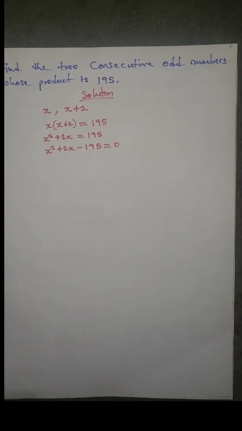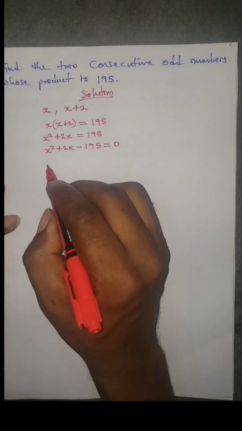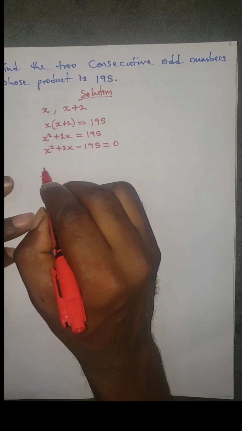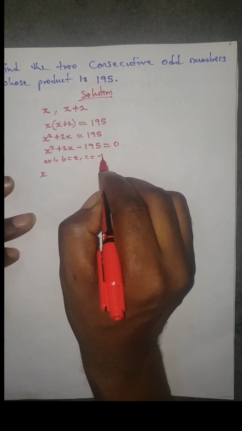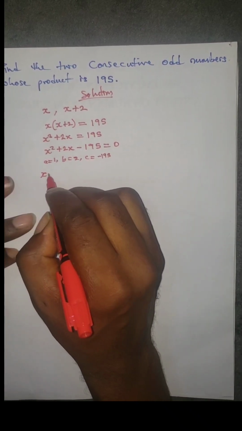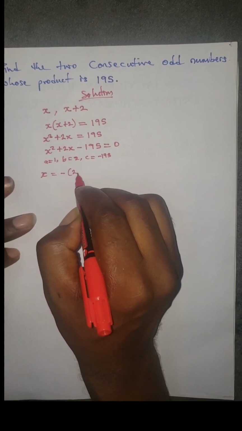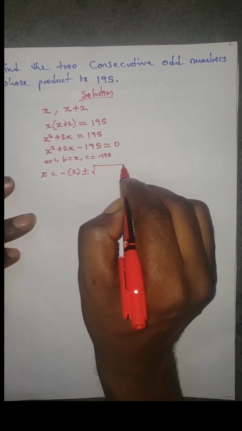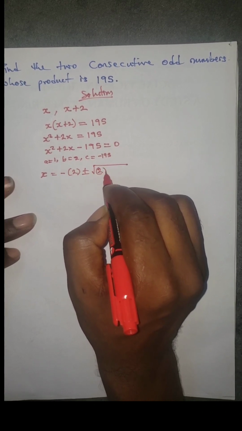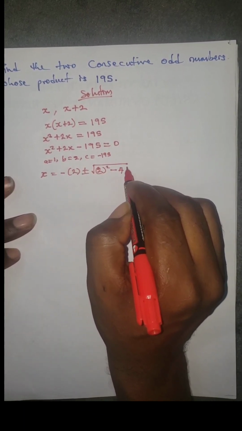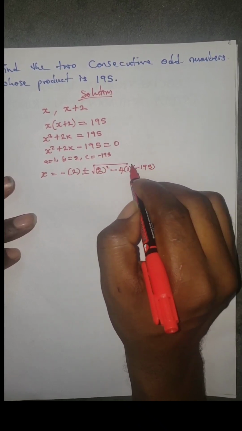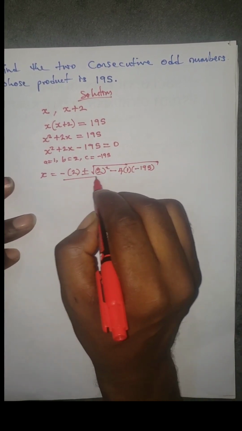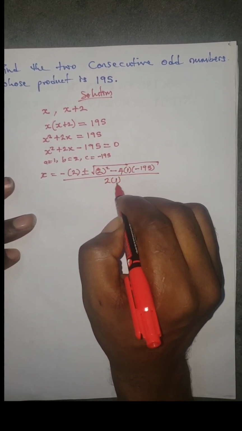This time around, let us use the formula method again. So my a here is 1, my b here is 2, and my c here is minus 195. So my x equals minus b, which is minus 2, plus or minus the square root of b squared, which is 2 squared, minus 4 into a, which is 1, and c, which is minus 195, all over 2 into 1.